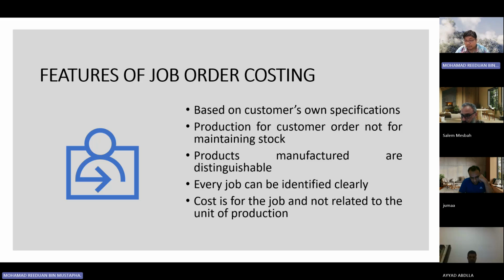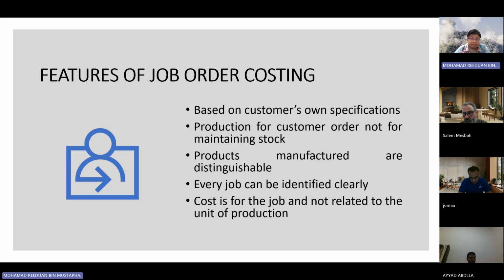Because if you order mass production, the more you produce, the cost per unit becomes lower. Job order is different because it is based on the customer requirement. Sometimes only one unique product needs to be produced, and the calculation might be simple. All costs related to the project can be absorbed into one particular project, one particular job.